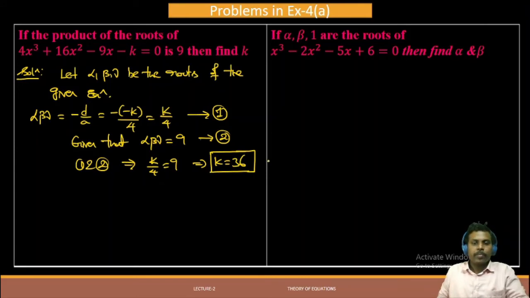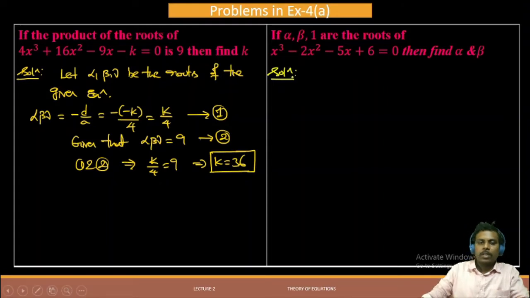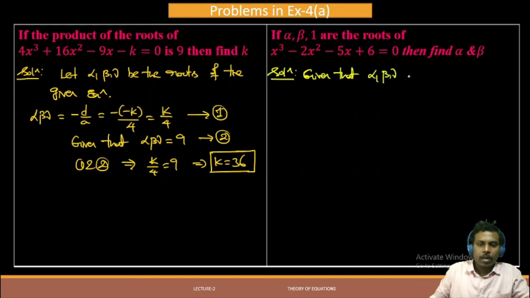Okay, now let us solve this particular problem. Solution. What is given? If alpha, beta, 1 are the roots of the given equation, then find alpha, beta. Given that alpha, beta, 1 are the roots of the given equation.